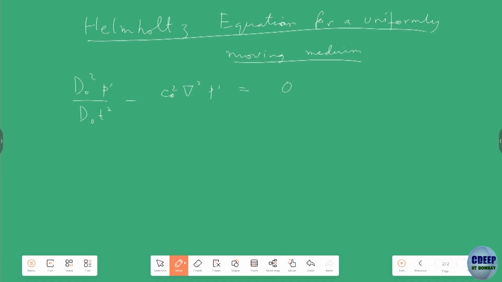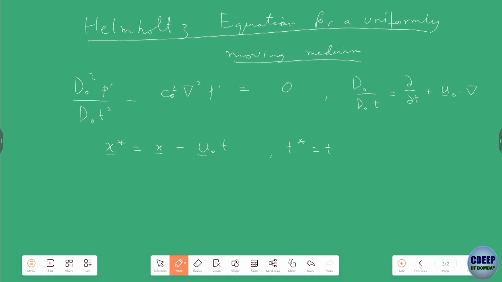So this was our physical problem where D0 encapsulates the motion of the medium. And so we saw that with this Galilean transformation, that is defining x star equal to x minus u0 t, that is we have hopped onto the moving medium and time remains as it is.